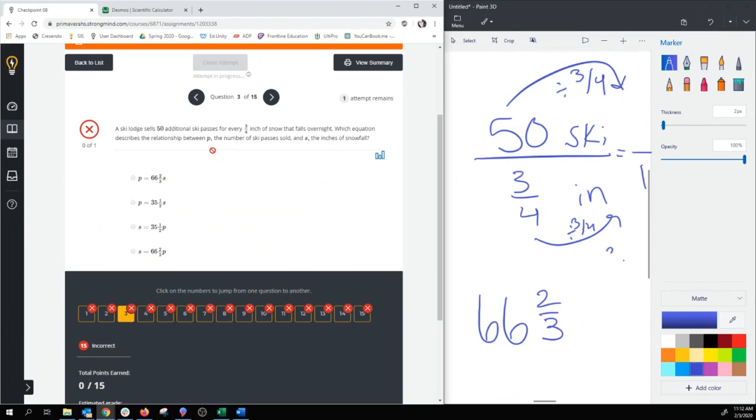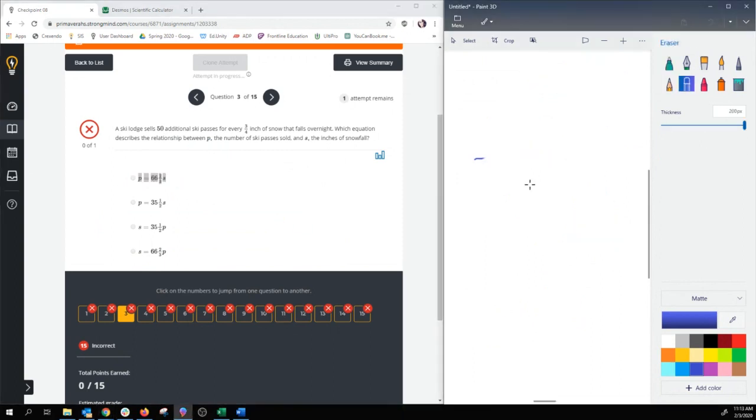So if I want to know how many ski passes, which is P, I can sell, it's based off of how many inches of snow I get, right? So I want to pick this first equation here like Chelsea has, where it's P equals 66 and 2/3 times S. So the one where P is by itself. So P equals 66 and 2/3 times S. A lot of these equations is just reading the problem carefully.